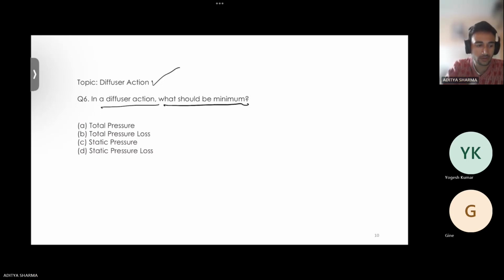In engines this pressure is very important. You cannot lose pressure, because it will affect the total efficiency of your whole engine. So that should be very well taken care of, right?